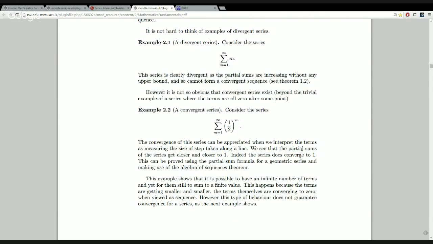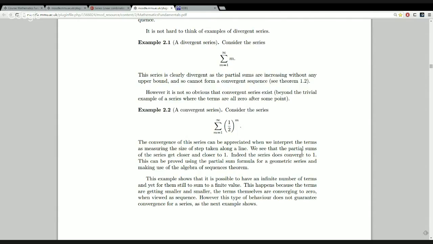It's said to converge if and only if the sequence of partial sums, now this is a sequence sk where k equals 1 to infinity, and how are they defined? Well, sk is the sum of the first k terms of the sequence. So not the infinite sum, but a finite initial sum, taking in the first k terms. So x1 plus x2, all the way up, but finishing with xk.